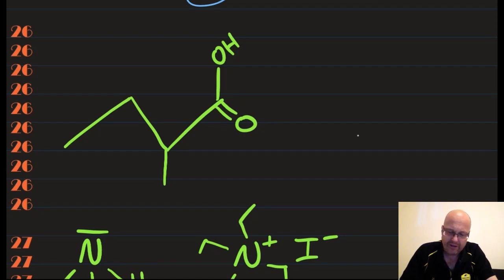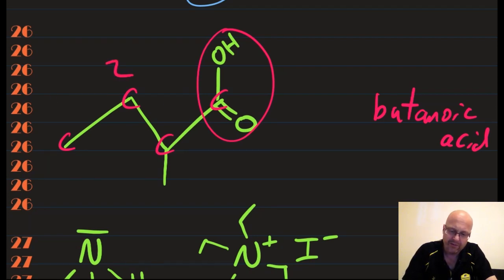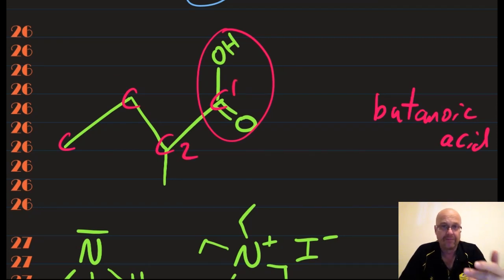26. Name this for the IUPAC rules. So longest chain, 1, 2, 3, 4. So it's going to be bute something. I see a carboxylic acid, so it's going to be butanoic acid. And now I just have to decide if it's 1, 2, 3 methyl, or if it's 1, 2 methyl. Well, I'm going to start from the end. You need to start counting to get the lowest numbers.